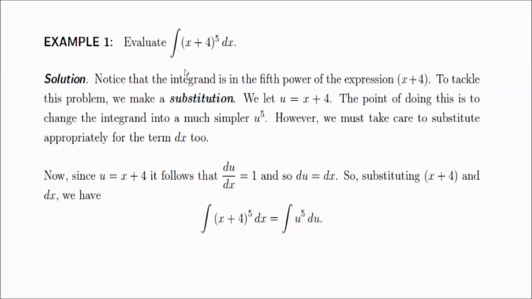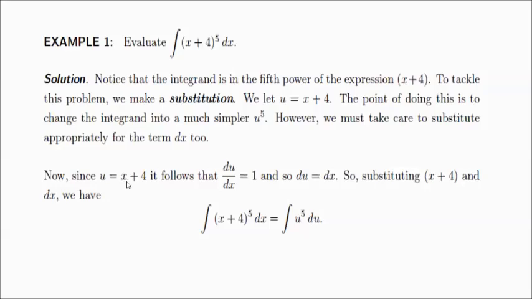So in this case, class, x plus 4 raised to 5 dx. Again, we let u is equal to x plus 4. So it becomes u raised to 5, right? Because x plus 4 is equal to u. And then do not forget, it has a dx, so we also need to substitute that, class. How do we get dx? We differentiate our u. So when we differentiate, that would be du over dx, right? Is equal to what?